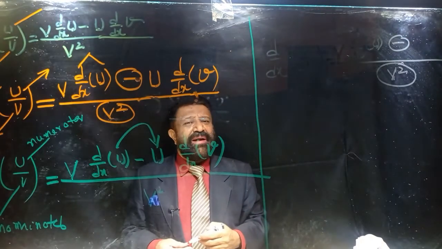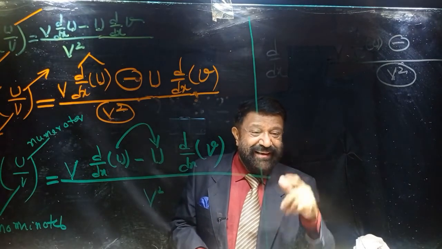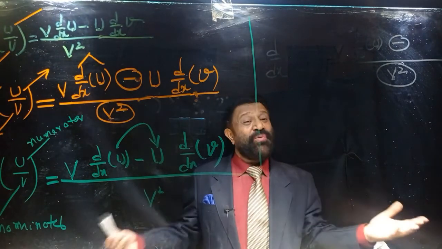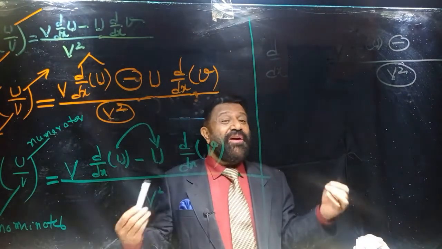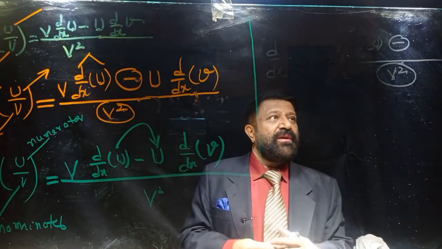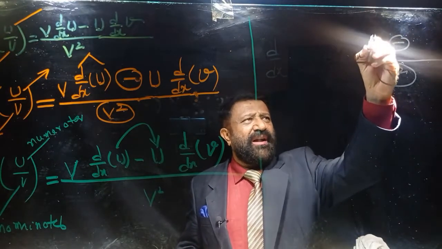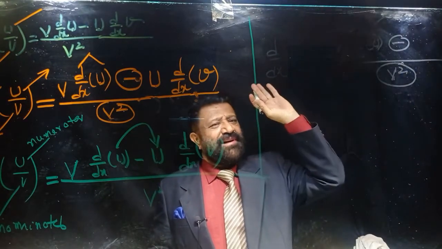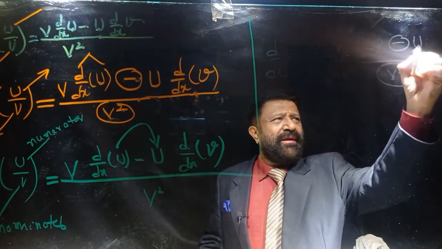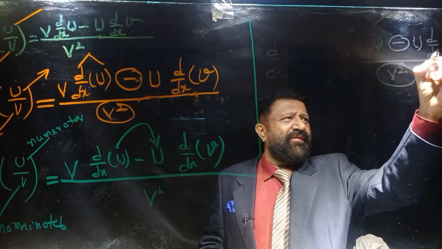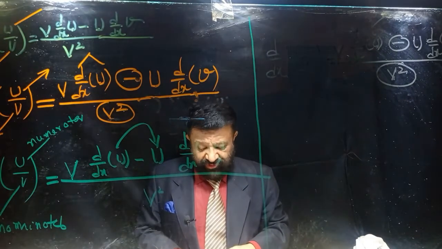Is minus mandatory? Yes. If you place plus, you will go wrong and you will not get marks. Now the turn of u has gone, finished. Now you write u over here and take the derivative of v. And that's all. So this is the procedure.